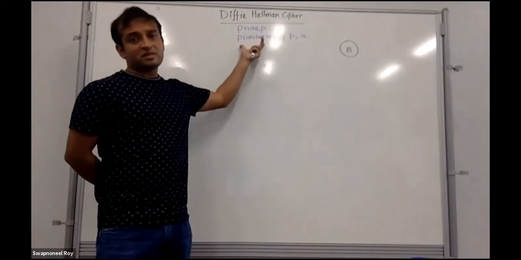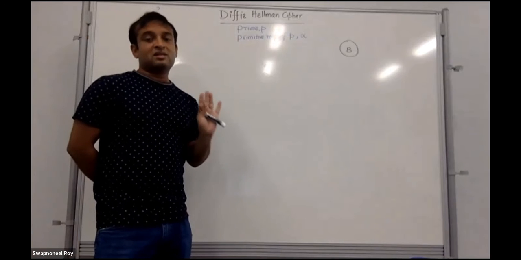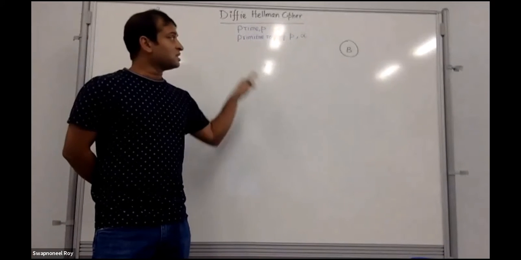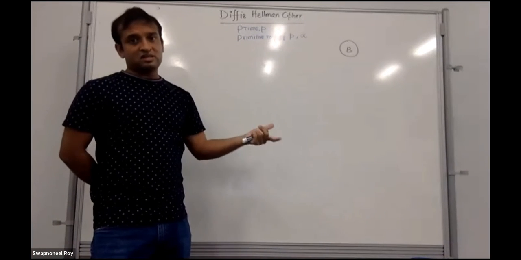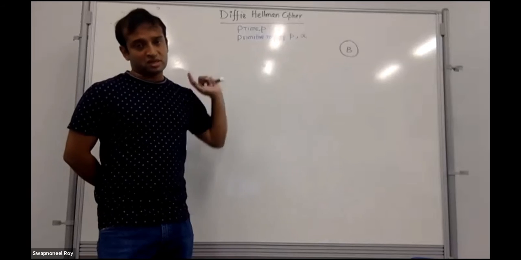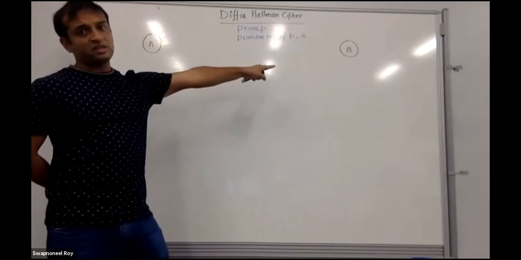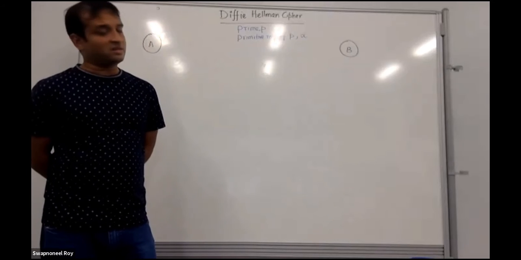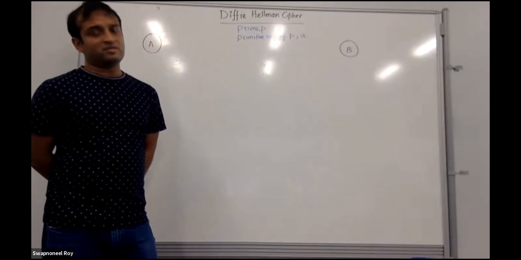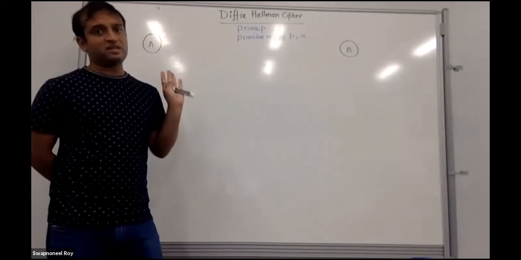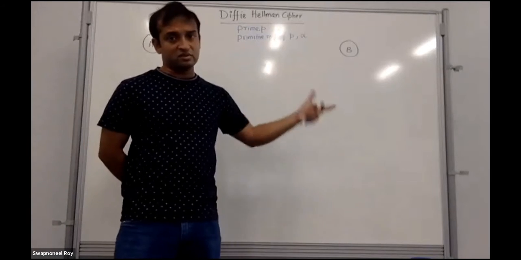Now you might ask me, what is a primitive root? Let us keep that discussion till a later stage. I will tell you what primitive roots are and why we need a primitive root in this particular case. But let's just hold back our discussion on primitive roots in detail.